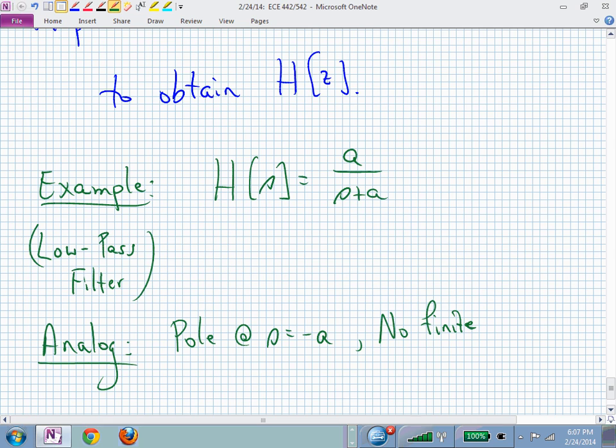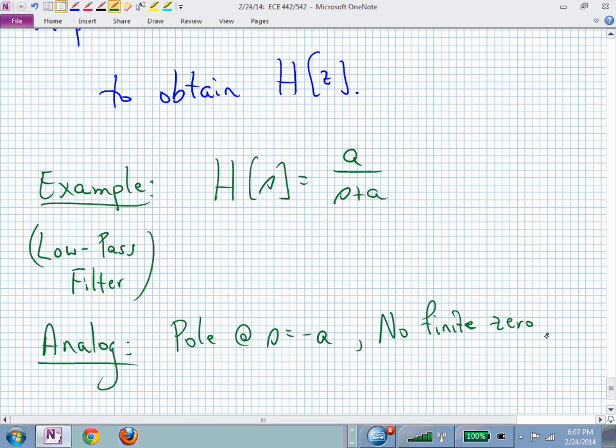Negative infinity could be considered a zero, but we only have one of those. There's only one value of s. It's either plus infinity or minus infinity. They sort of meet up around, let's say, a point at infinity, we could think of it. But we only have one of those. The question was, is it minus infinity or plus infinity?